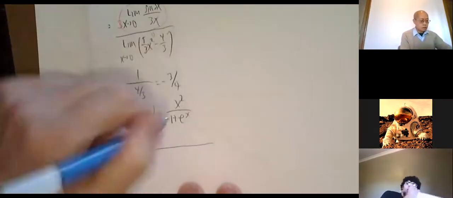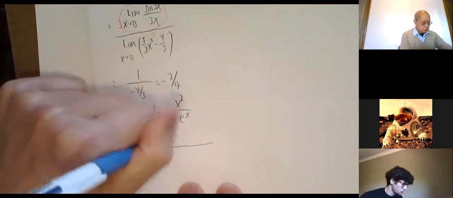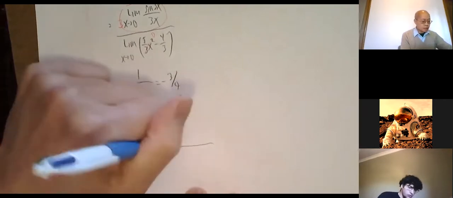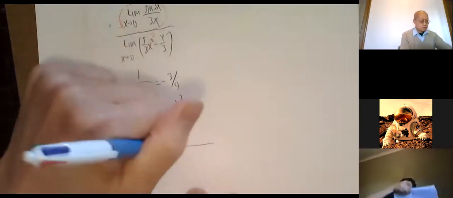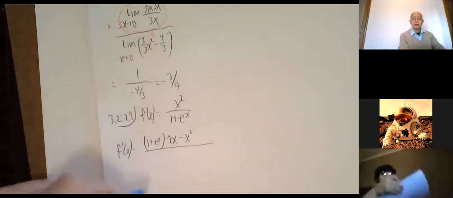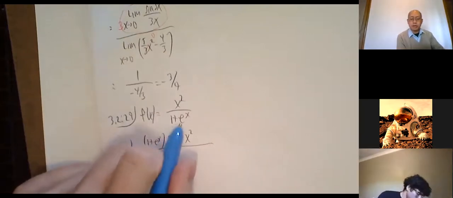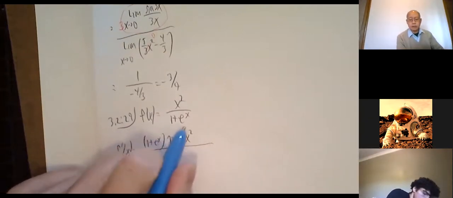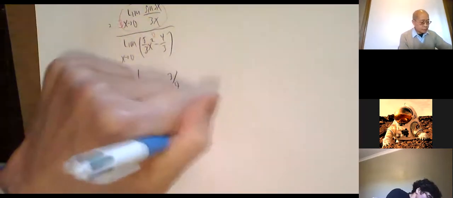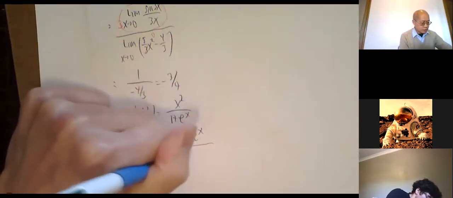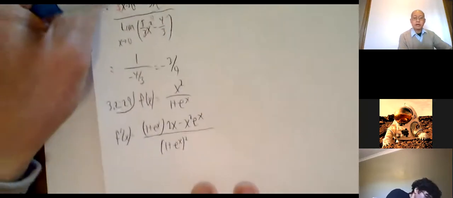Okay, quotient rule. Bottom times the derivative of the top minus the top times the derivative of the bottom. Derivative of 1 plus e to the x: derivative of 1 is 0, derivative of e to the x is itself. Over 1 plus e to the x squared.